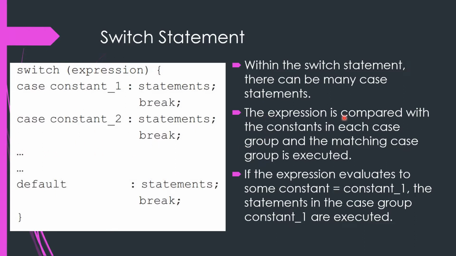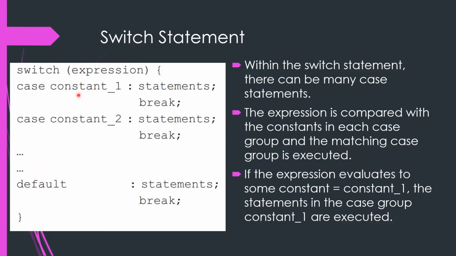The expression is compared with the constants in each case group and the matching case group is executed. So as I just told, this expression has many possible values and these possible values are all these values which are provided after the case. So whichever value is matched with this expression, its block of code is executed.